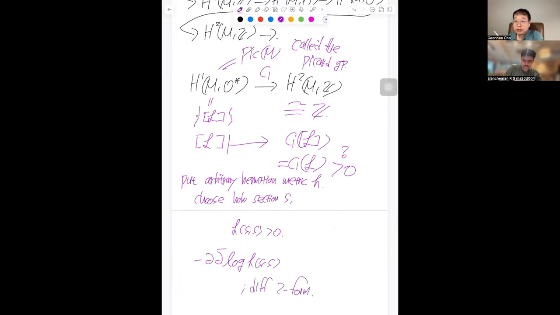Then we can simply take the integral. Let's assume this has the desired dimension, but there's a way to adjust. Then this value becomes an integer. This is actually the Gauss-Bonnet theorem.